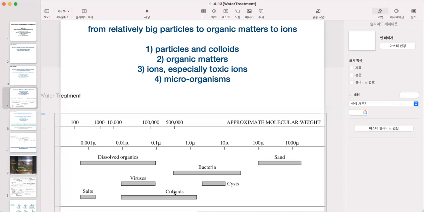And then we add the chemical named coagulant, which has positive charge.